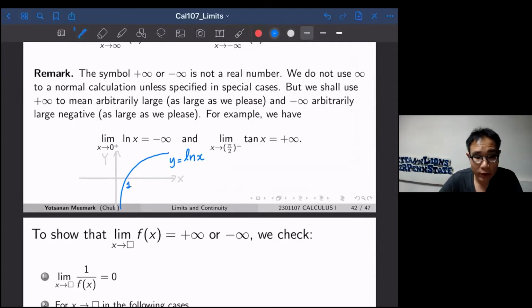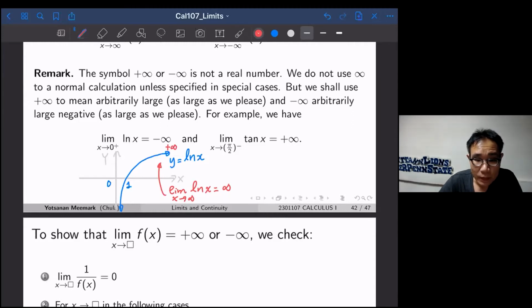The graph tells you that when x approaches 0 from the right, it goes down like this, so limit x goes to 0 from the right of log x turns out to be negative infinity. And on this side, limit x goes to infinity of log x turns out to be infinity. Or you may say that log infinity is infinity, so it goes to positive infinity.